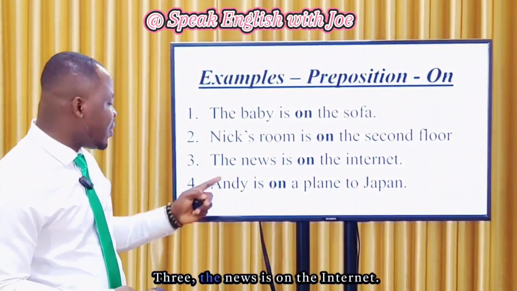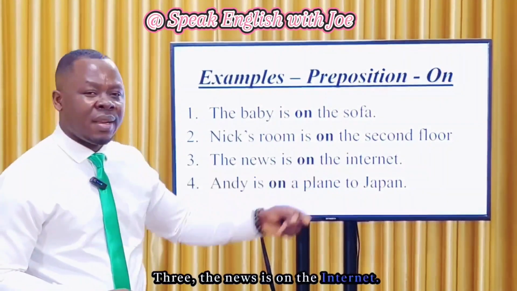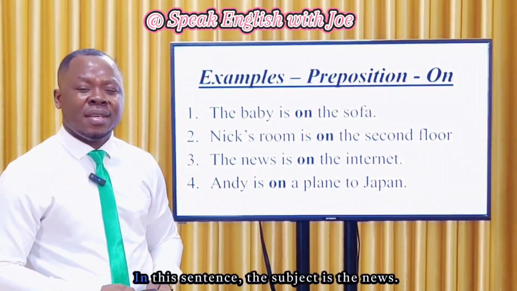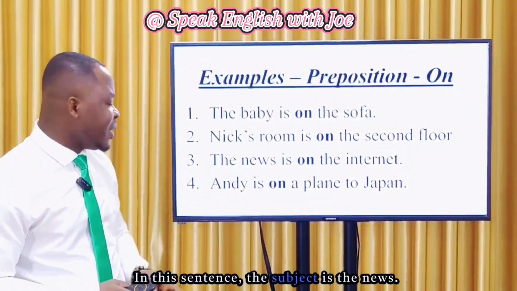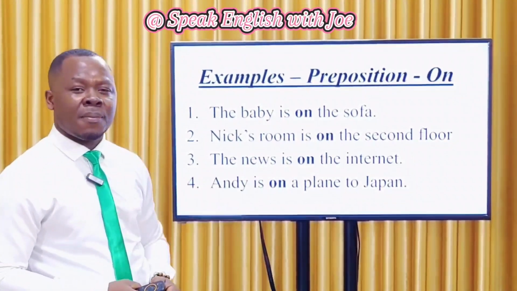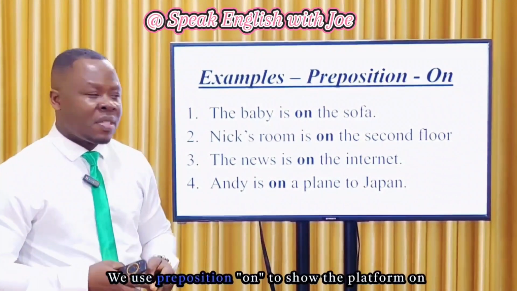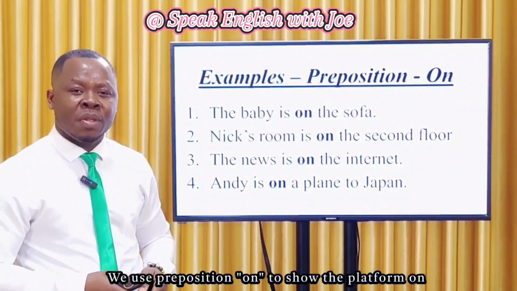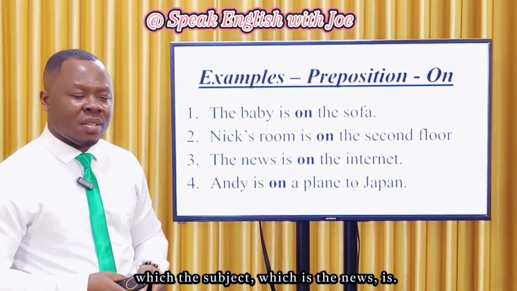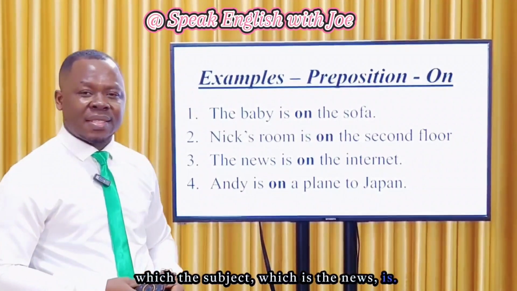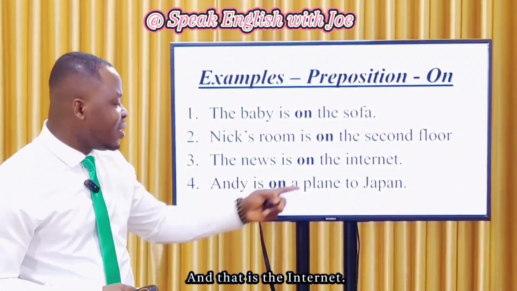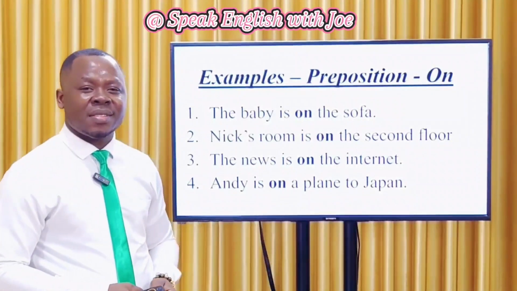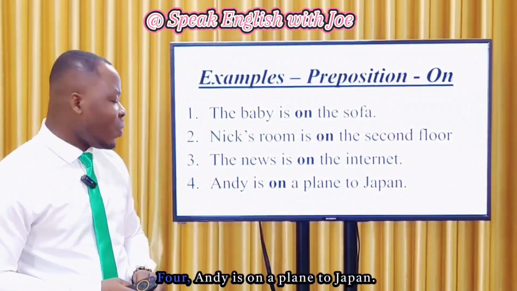3. The news is on the internet. In this sentence, the subject is the news. We use preposition on to show the platform on which the subject, which is the news, is, and that is the internet. 4.